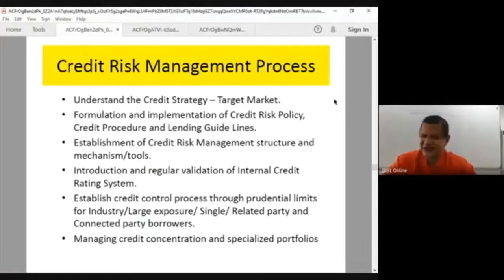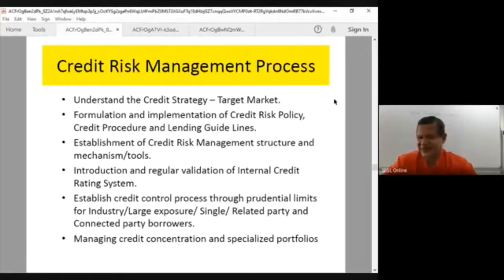And the central bank also has guidelines on what kind of exposure you should have for large customers. Then I also mentioned the single borrower limit. Then there's another thing called related party. That means when you lend to your directors and connected parties, there are certain rules and regulations established by the central bank.